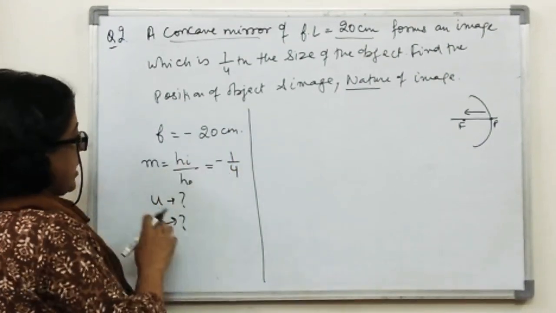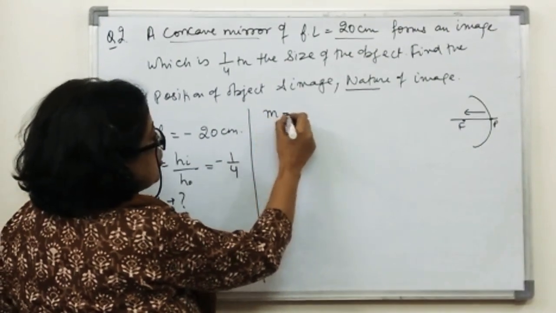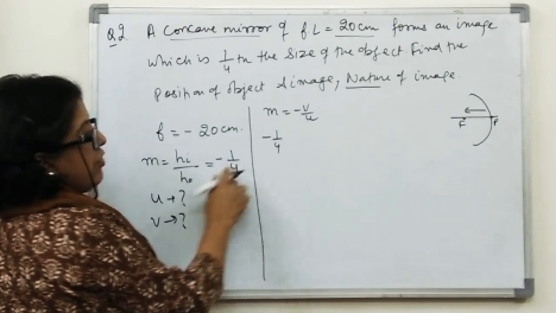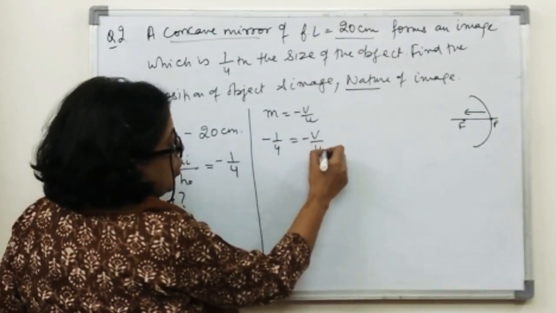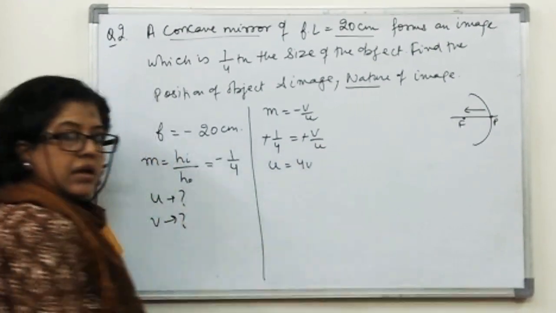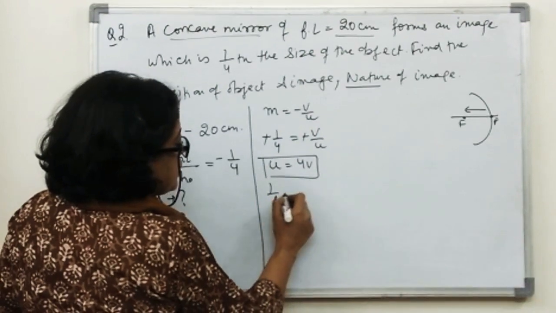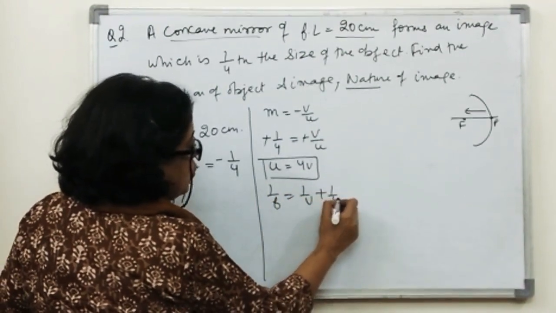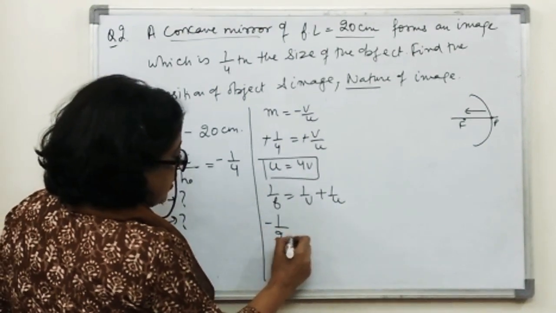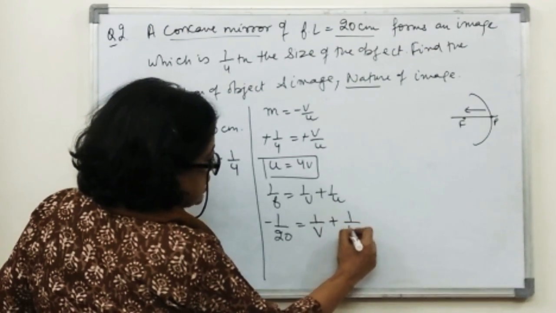We are given F, we are given M, we are not given any of these. So we know that M is equal to minus V by U. So minus 1/4, which is the value of M, is equal to minus V by U. Minus gets cancelled. So we get U is equal to 4V. If we put this in the mirror formula, 1 by F is 1 by V plus 1 by U. F is minus 20, so minus 1 by 20 is 1 by V, and in place of U I am writing 4V.